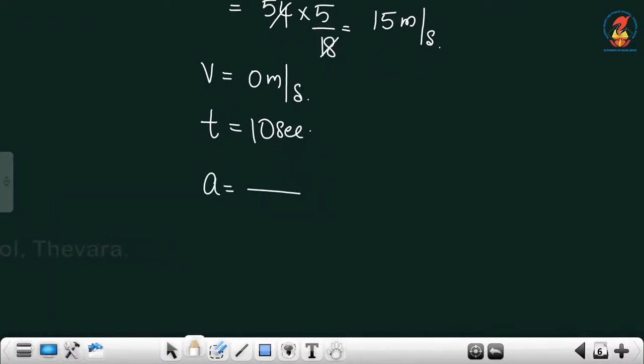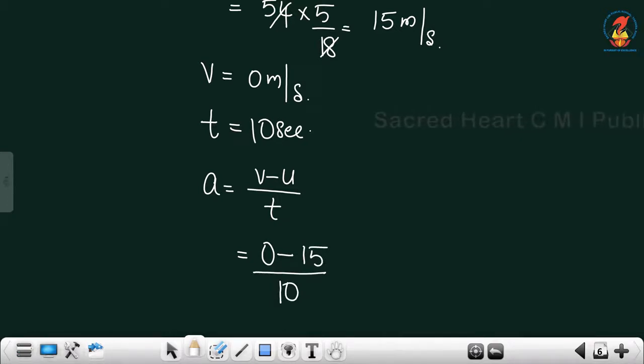Now, we will write the equation. a equal to v minus u by t. v is 0 minus 15 by 10. So, what's the answer? Minus 15 by 10.